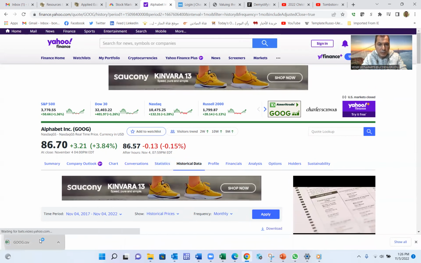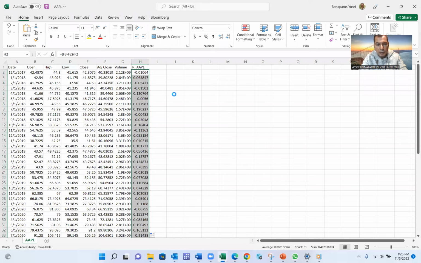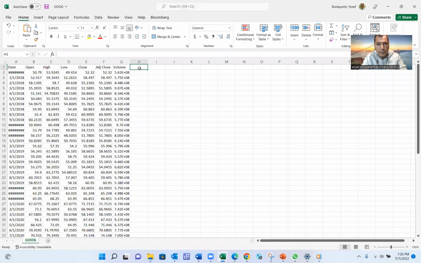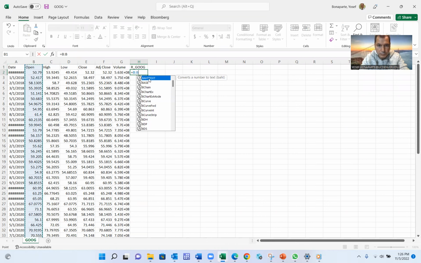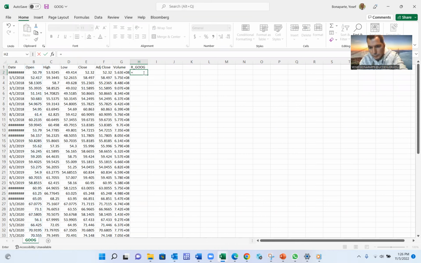Also, Google doesn't have dividends, so the close should be similar to the adjusted close. So R Google is equal to this minus the beginning of the month, divided by the beginning of the month, like we said.